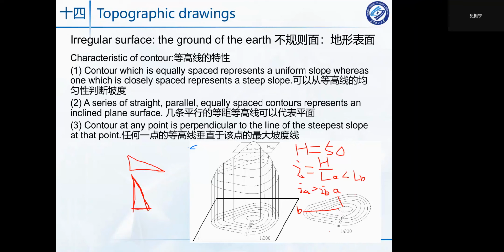So you can see the density of the contour lines can represent whether the slope is steep or not. Okay, it's hard for me to translate.